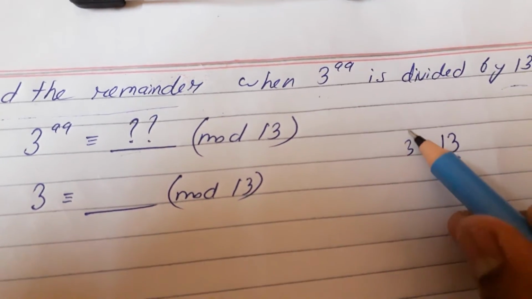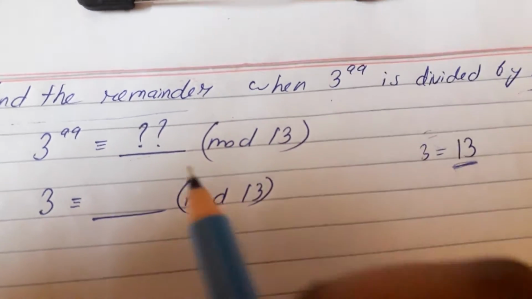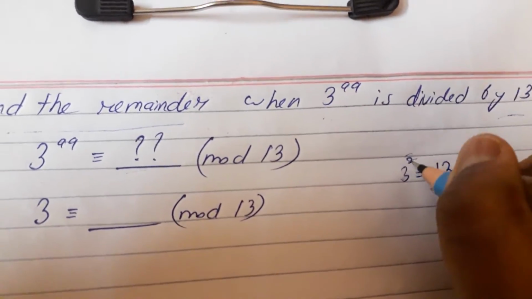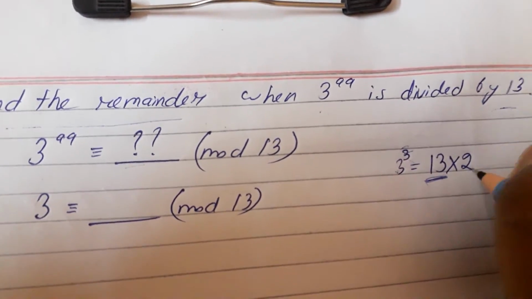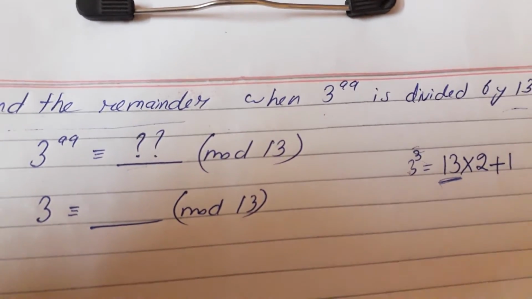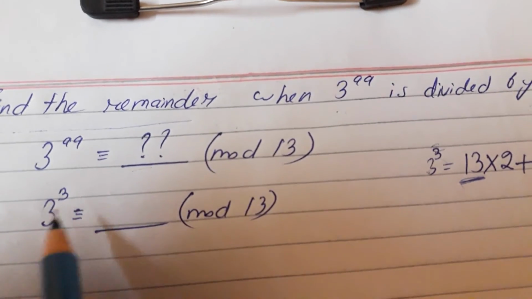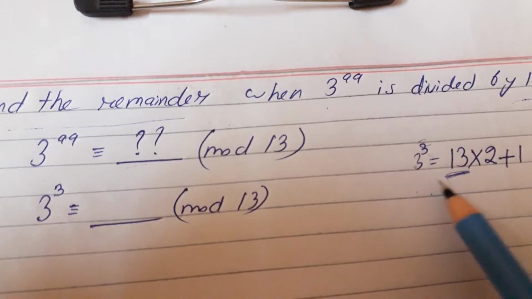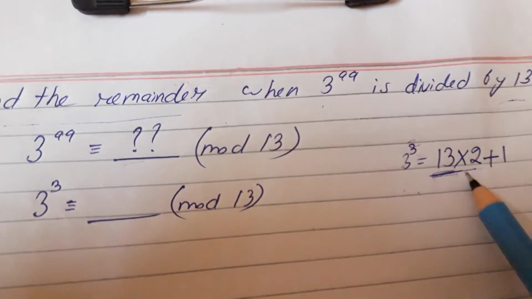Now see, if I take 3 square, then it gives 9, that is 13 into 1 minus 4. But if I take 3 cube, that is 27, then we can write 13 into 2, that is 26, plus 1.